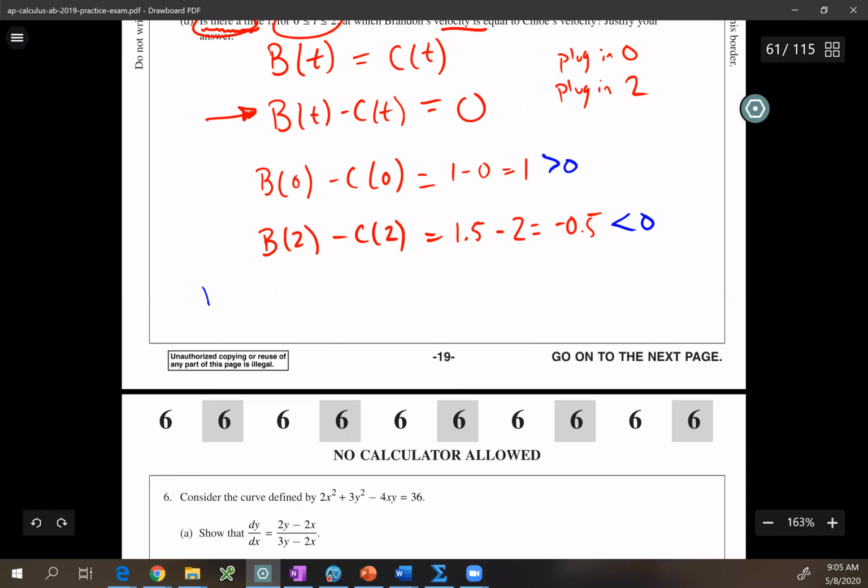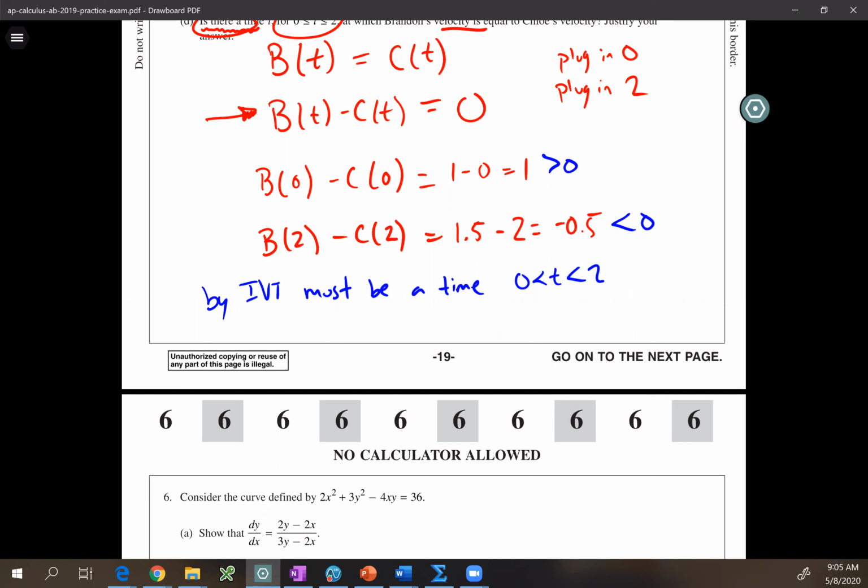So by IVT, there must be a time between 0 less than t less than 2 where the velocities are the same. Like we can say B of t minus C of t equals 0, but what that's saying is that their velocities are the same, because that's what they asked us for.